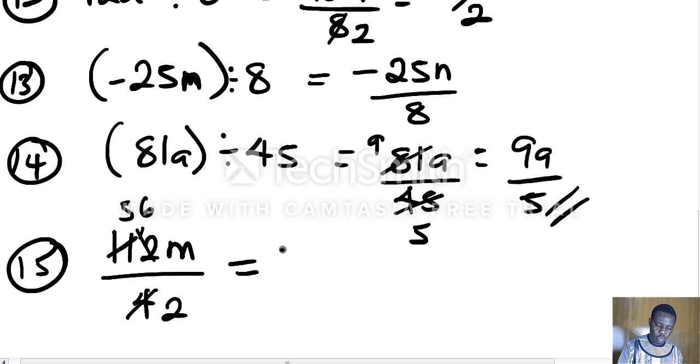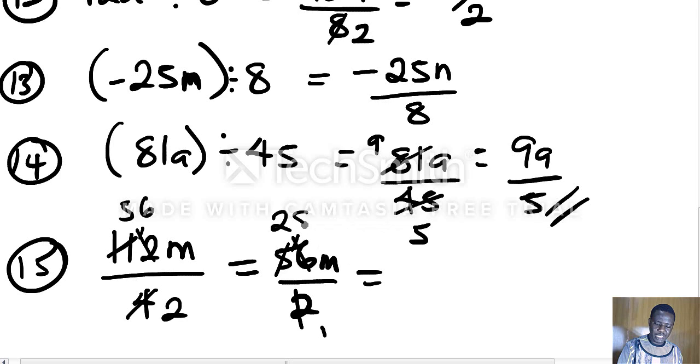So this becomes 56n divided by 2, but 2 can still go. 2 into 2 is 1. 2 into 5 is 2 remainder 1. 2 into 16 is 8. So therefore our answer becomes 28n.